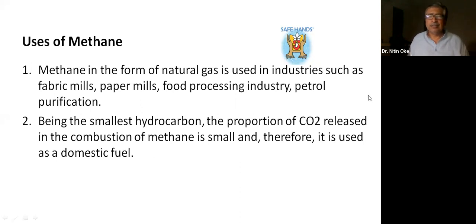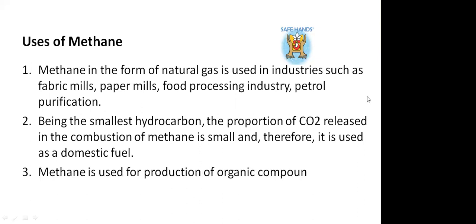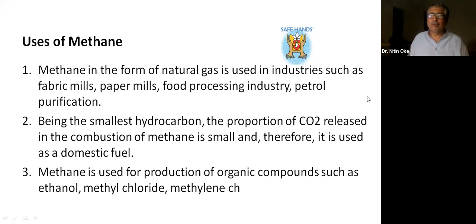In our gas cylinder, methane is one of the major constituents. Methane is also used for production of organic compounds such as ethanol, methyl chloride, methylene chloride, and acetylene. These are all industrial demands.